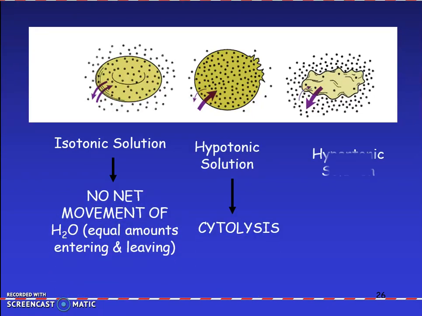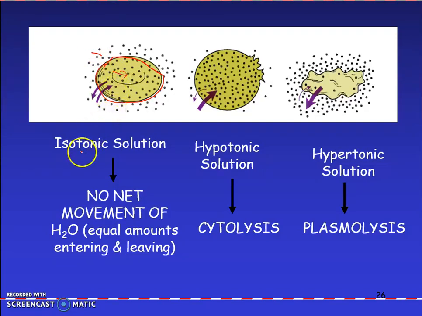Talking about the movement of water, there can be three situations. Situation 1, taking the example of a cell: if the concentration of water outside the cell and inside the cell are equal, then that solution is called isotonic, and there will be no net movement across the semi-permeable membrane.